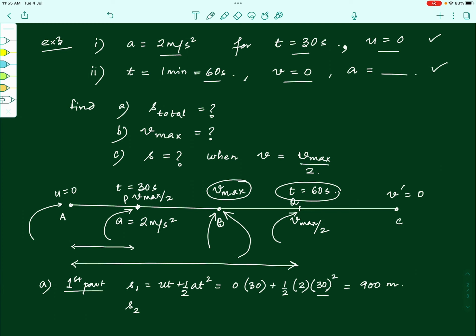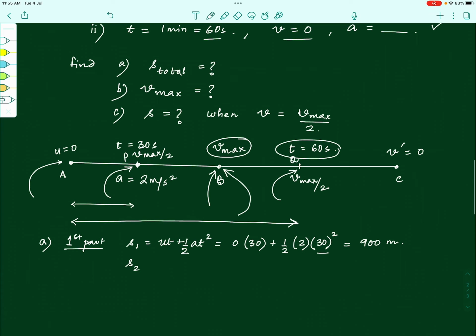So for finding out that velocity, we can once again focus on part 1, the acceleration of the train, and find out the velocity that it gains there. So V max at the point B, that is V is equal to U plus AT. We have written this equation for the first part of the motion, V is equal to U plus AT. This gives us the velocity at the point B as 60 meters per second.